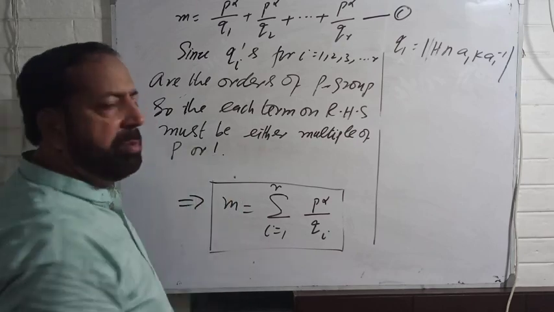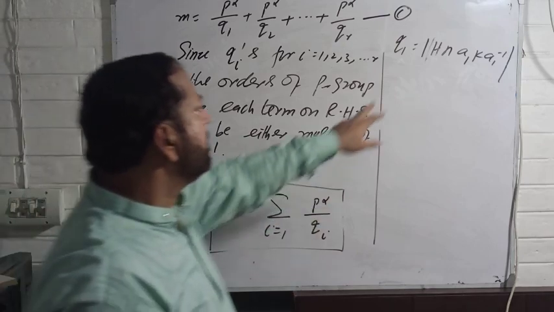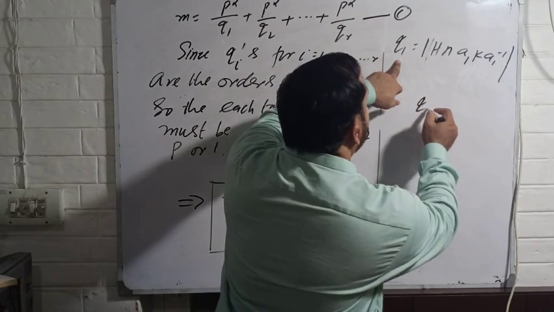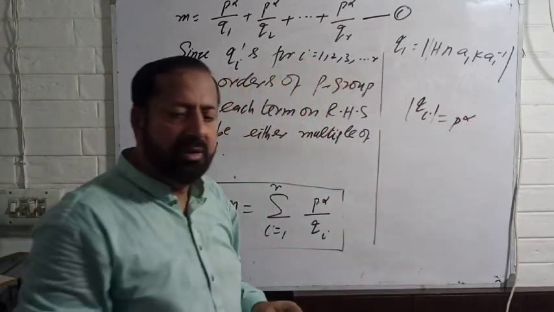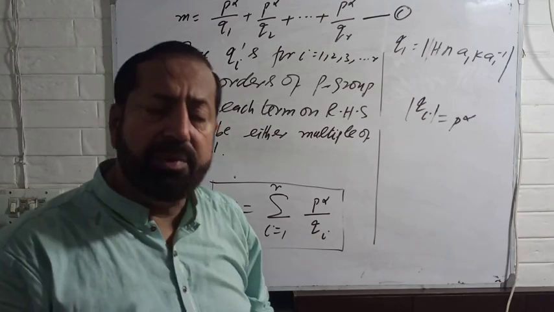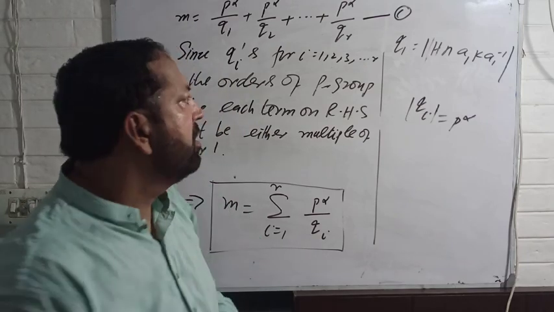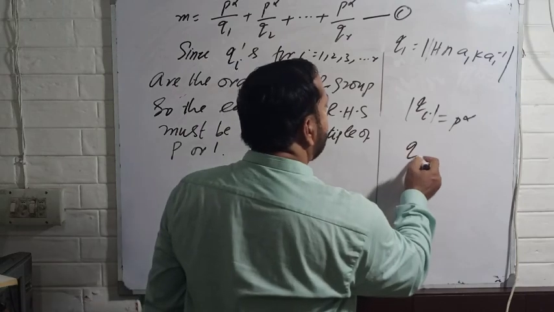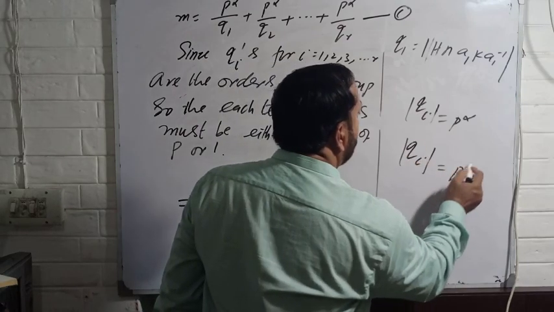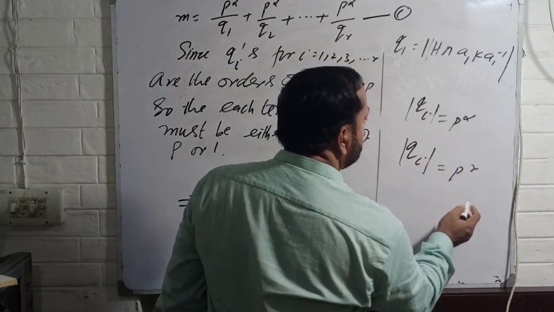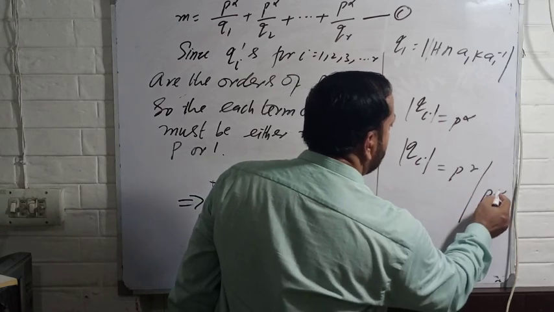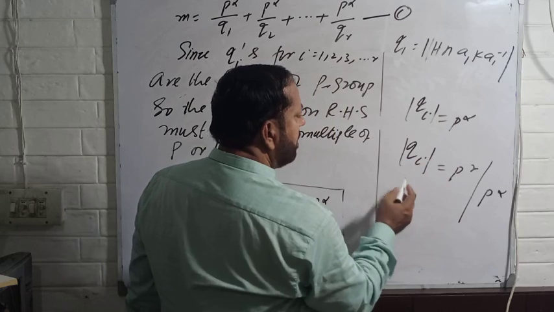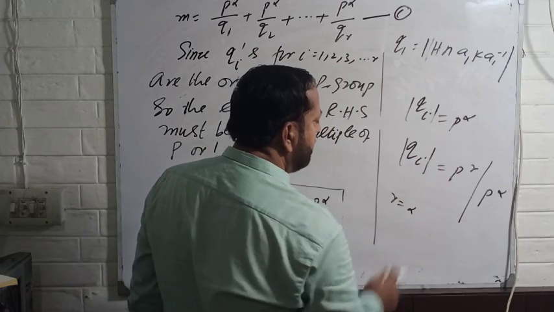Why am I saying that it could be 1? There is a chance that for some Qi the order is p power alpha. There is a chance because both are p groups. If the order of Qi is p power r, then of course p power r is dividing p power alpha. So there is a chance that r could be alpha.